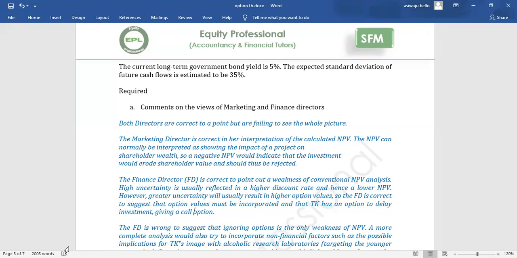We also look at non-financial factors. We also try to look at the non-financial factors that can affect our project success.